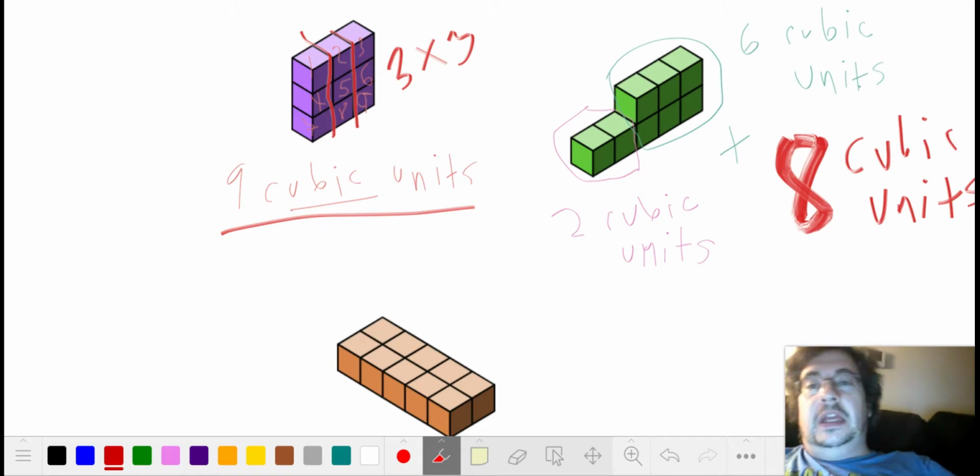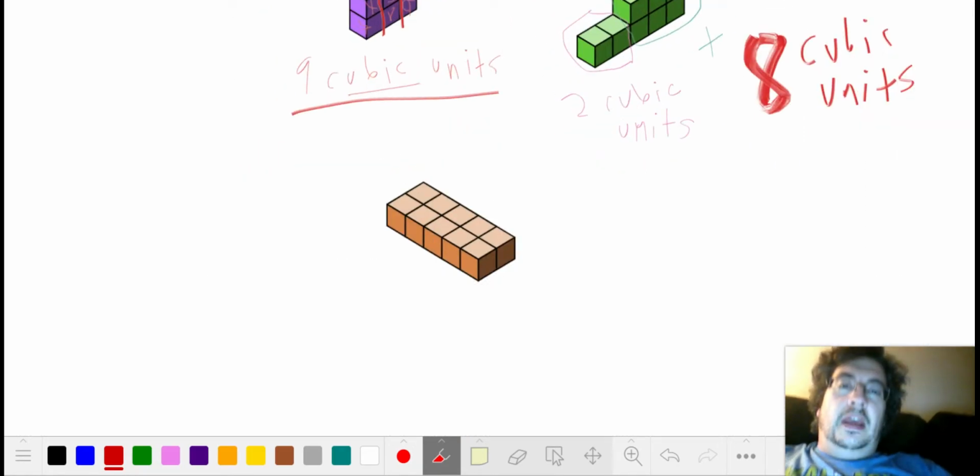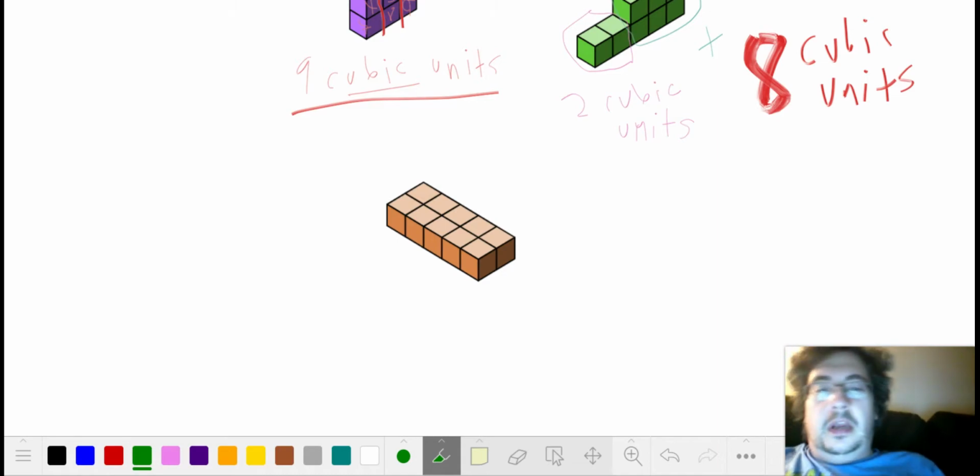And that's because the purple and the orange object here are classified as rectangular prisms. They have 6 sides, if you consider them as one whole object. And you can kind of think of them as boxes. So, once again, counting the unit cubes will give us the volume here. But I'm going to start thinking more in terms of a multiplication problem or an array.